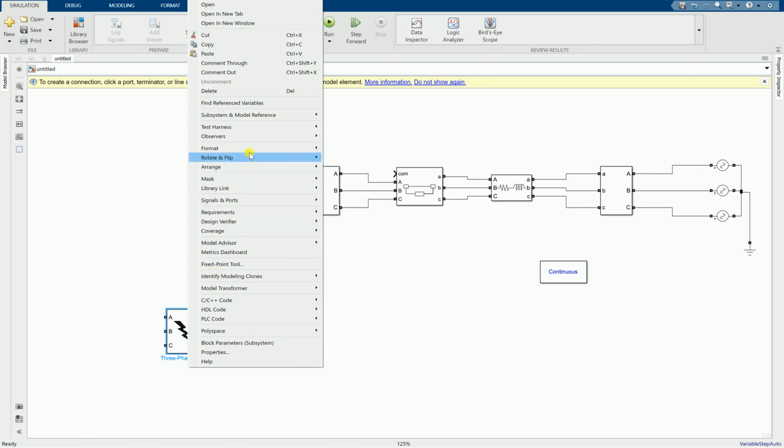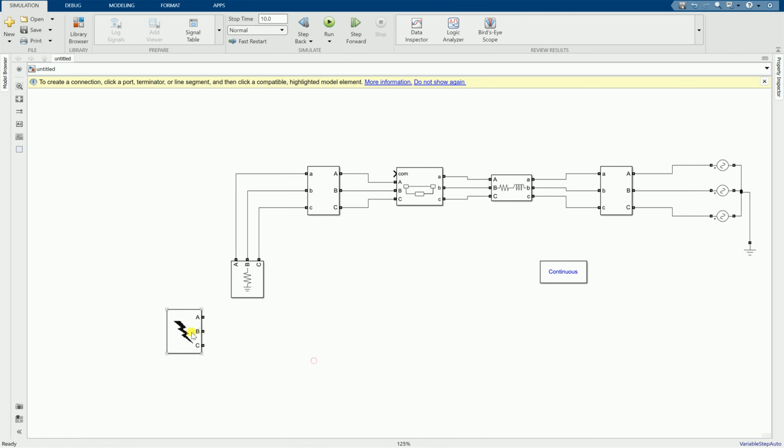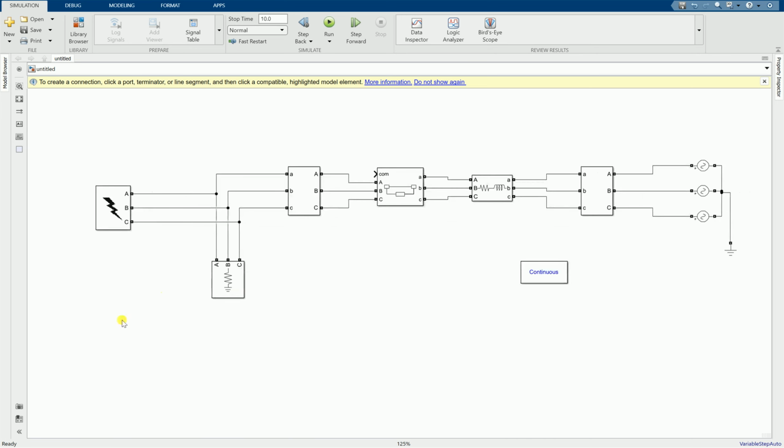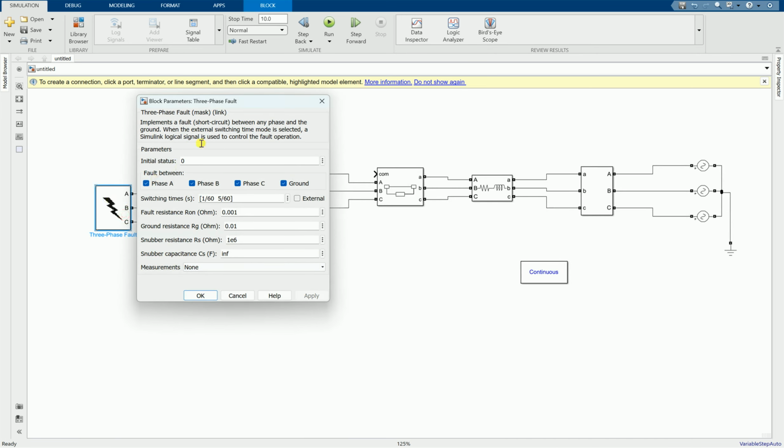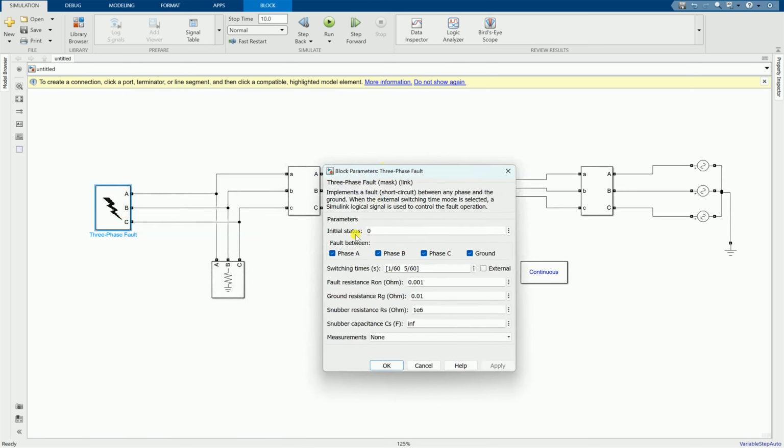Right click, rotate and flip, then flip left and right, Control I. Take A with A, B with B, C with C. Now if you go inside this three-phase fault, is the initial state 0 or 1? It is 0. We don't have any kind of fault.